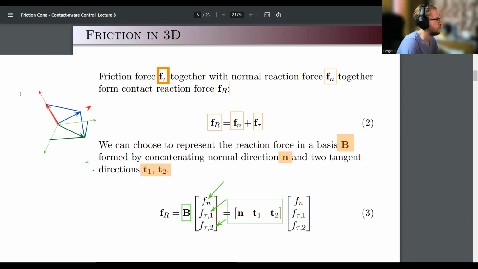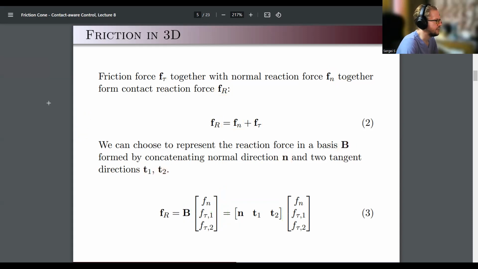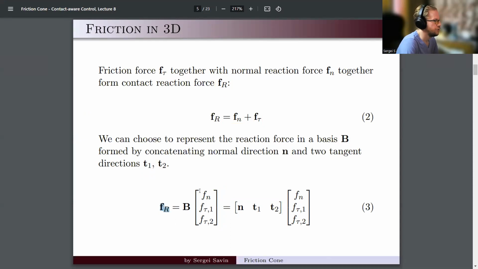The takeaway from this slide is just that we could represent the total reaction force in a basis formed by n, T1, T2, and the coordinates would be very meaningful. It would be Fn, F tau 1, F tau 2, nice coordinates that have some kind of meaning.